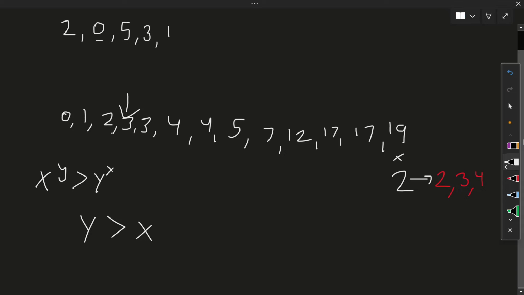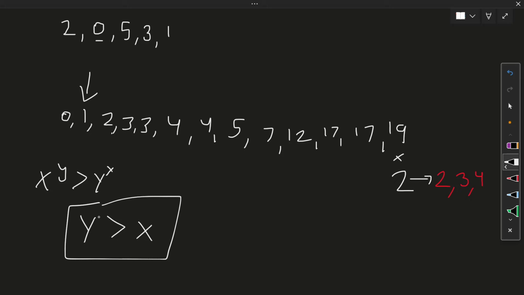And next we have this 0. For 0 we have this index. We have to find the y value, which is in the second array, so we have to find the value which is greater than x.